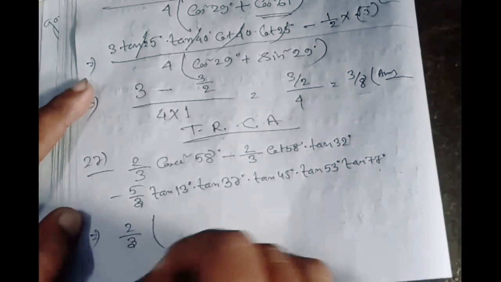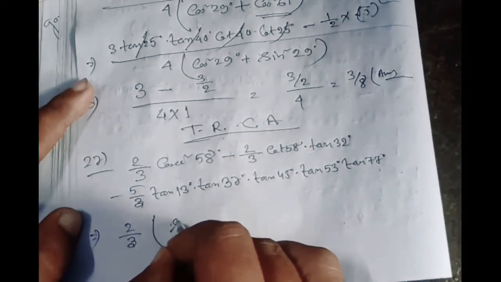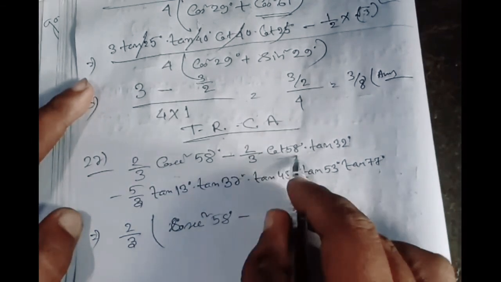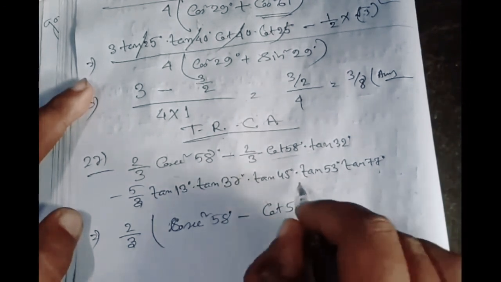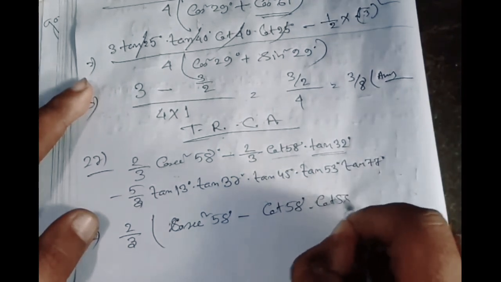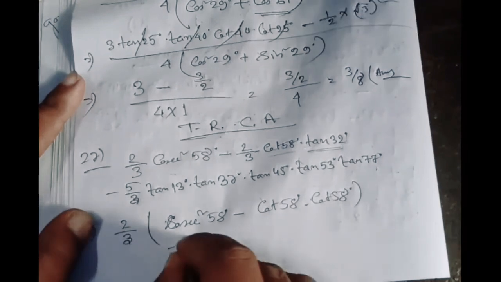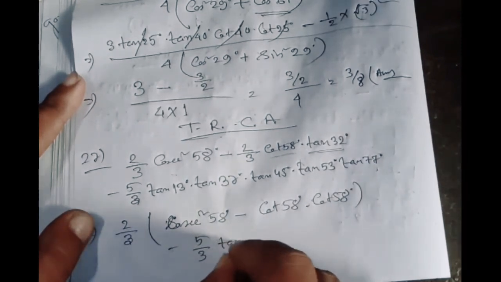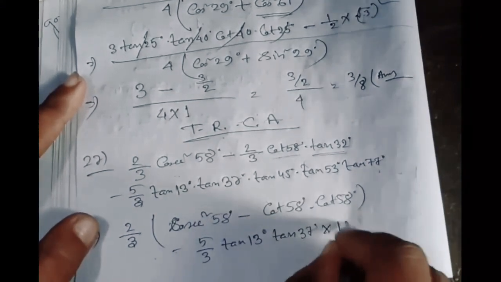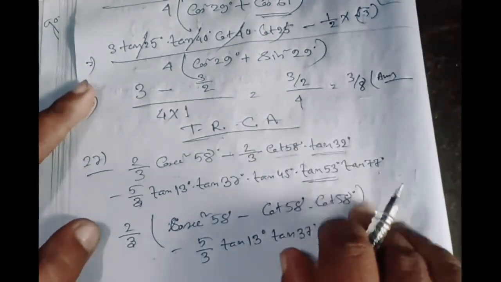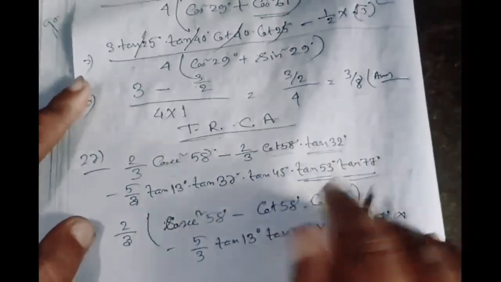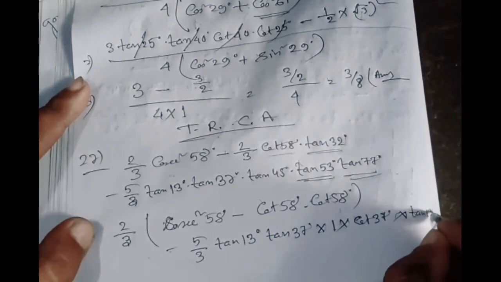Taking 2/3 common, this is cosec square 58 degree minus cot 58 degree, and tan 32 can be written as cot 58 degree, minus 5/3 tan 13 degree tan 37 degree into 1, tan 53 degree can be written as cot 37 degree and tan 77 degree can be written as cot 13 degree.